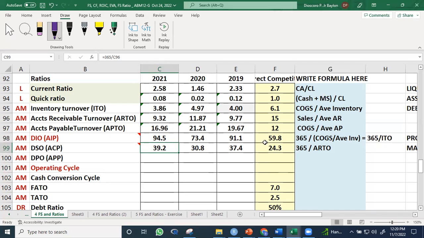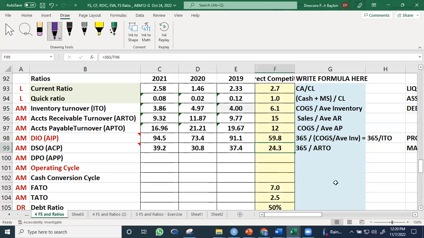They're doing it in 60 days, sold already. Our company takes 95 days before our product is sold. And they're able to collect fast, 24 days.